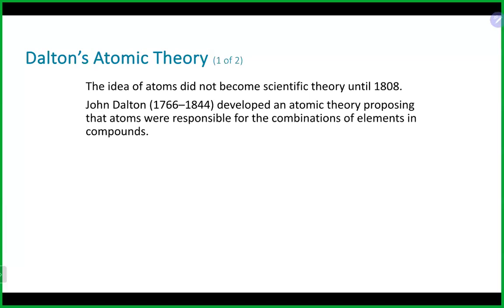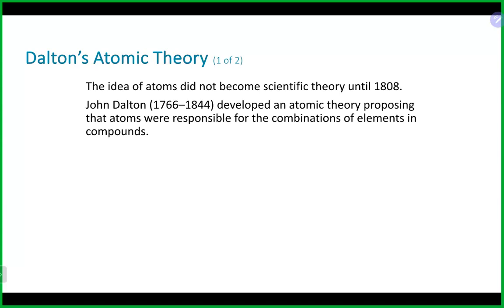Now, one of the things about a theory that we talked about at the very beginning is the idea that it may not be correct in all aspects, and further investigation may prove that some aspects of a theory don't hold up. And with Dalton's atomic theory, that is true as well.